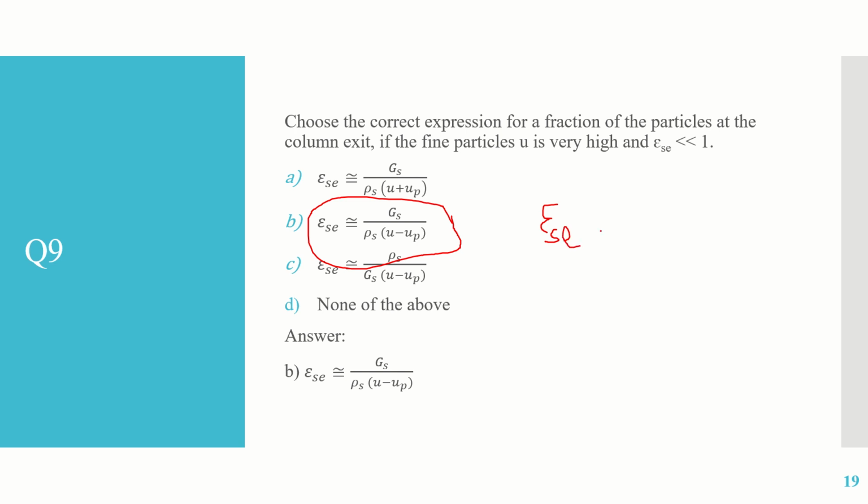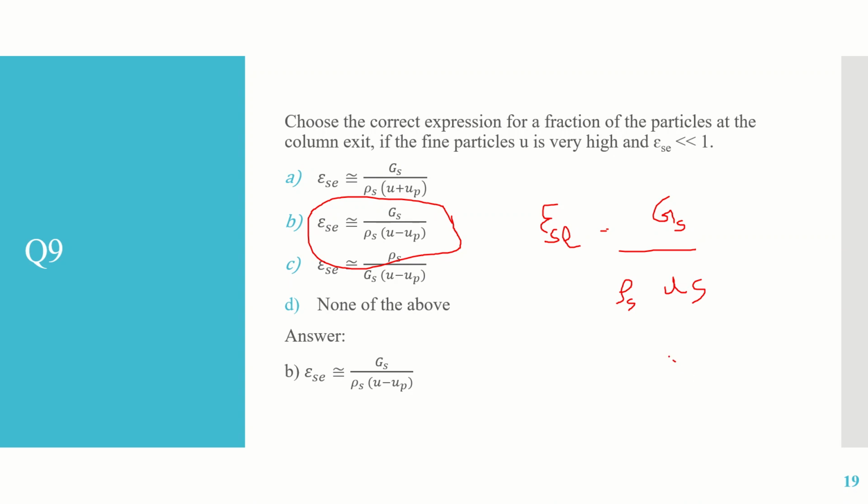So we know the formula for epsilon SE as GS by rho S into US.